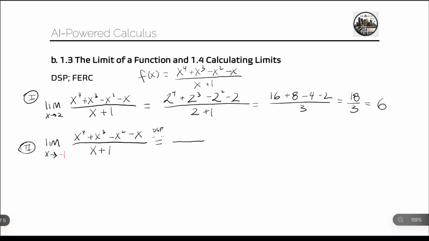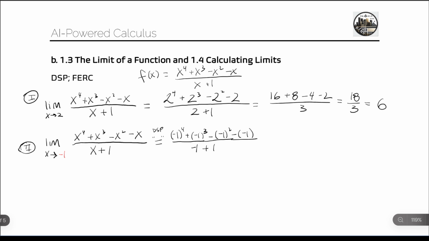If I plug in -1 in the numerator, I get -1 to the fourth. Do not forget your parentheses around the -1. Then -1 cubed minus -1 squared minus -1, divided by -1 plus 1.